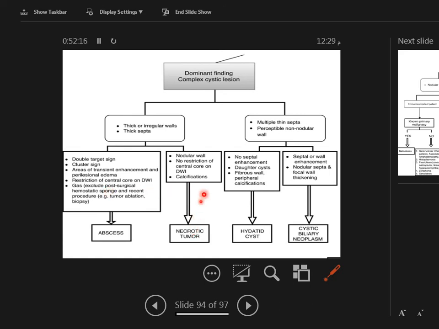For necrotic tumor, the wall will be nodular, no restriction on diffusion, and may see calcification. For thin septa, perceptible non-nodular wall, we have either hydatid cyst or cystic biliary neoplasm. For hydatid, no septal enhancement and daughter cysts, fibrous wall, peripheral calcification. For cystic biliary neoplasm, septal or wall enhancement, nodular septa and focal wall thickening.